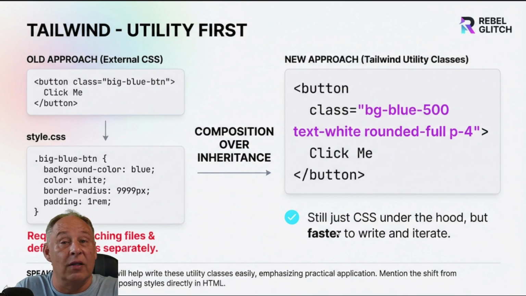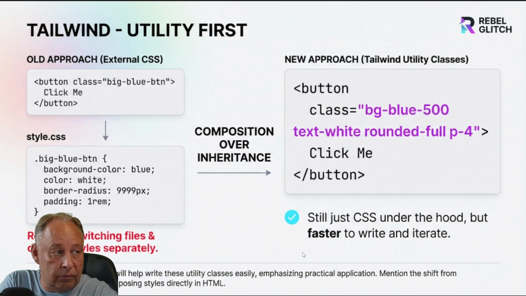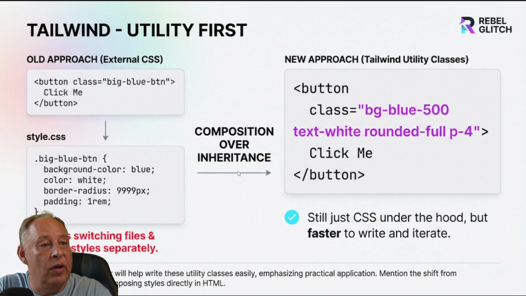Style sheets are still in use, but we now have applications and frameworks and so forth to make it easier to work with. For instance, if you look at Tailwind, Tailwind gets rid of worrying about all these parent-child type of things.